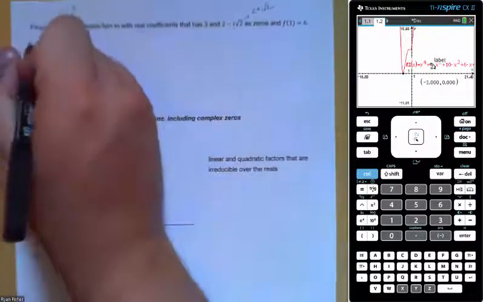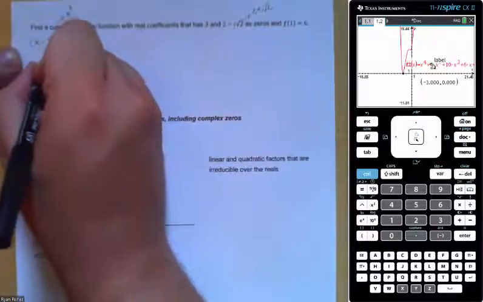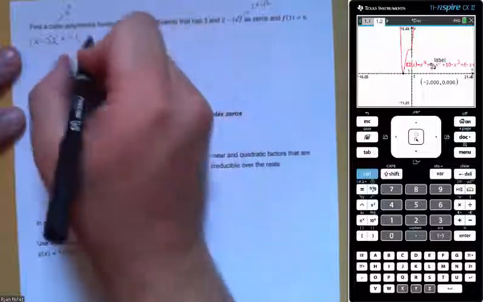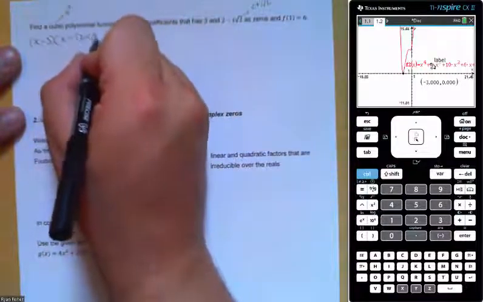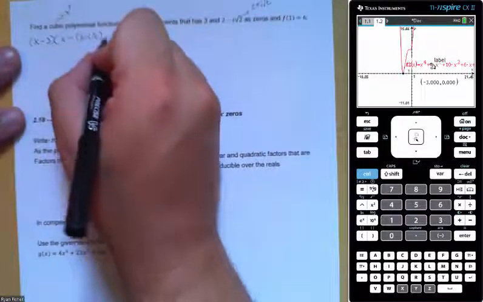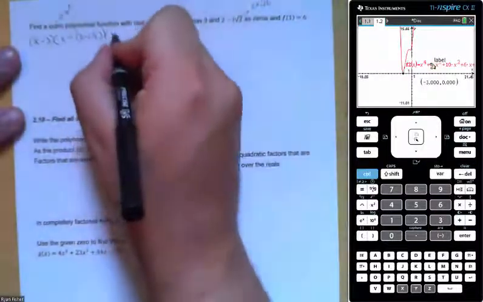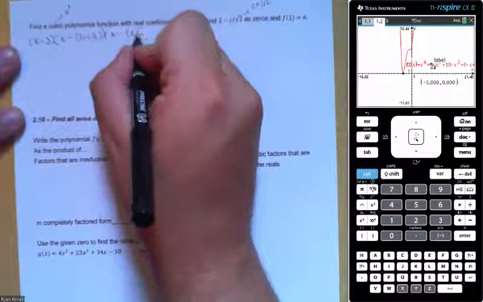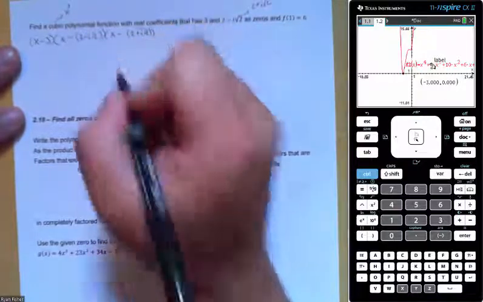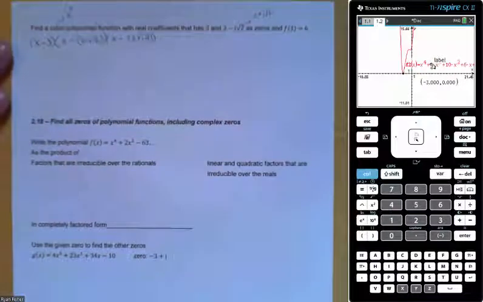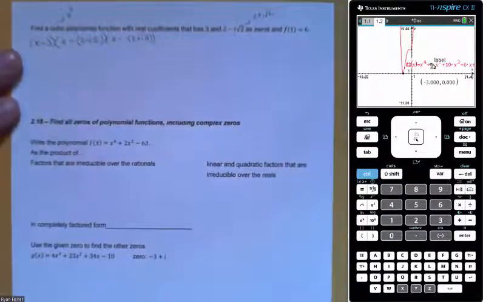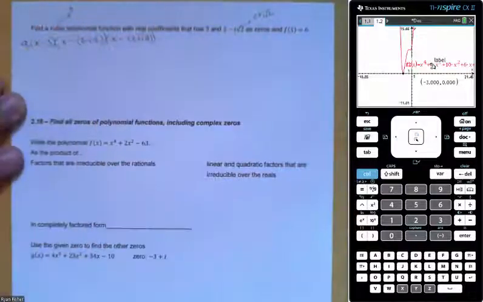If 3 is a root, then one of the factors is x minus 3. x minus 2 minus i root 2 is one of the roots. And then lastly, x minus 2 plus i root 2 is another root. This is one possible polynomial. Note that every possible one would be this, but stretched, so maybe times some coefficient a.